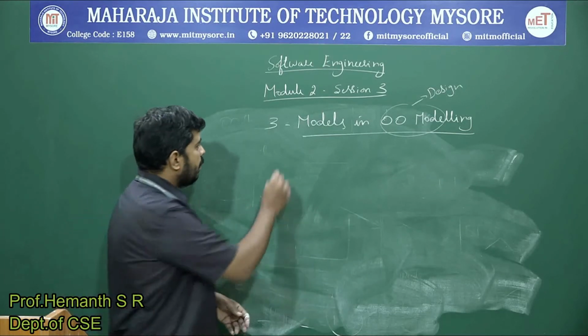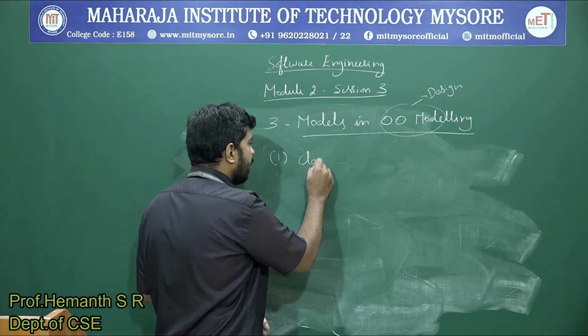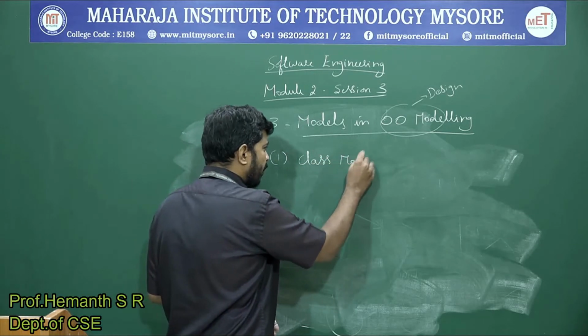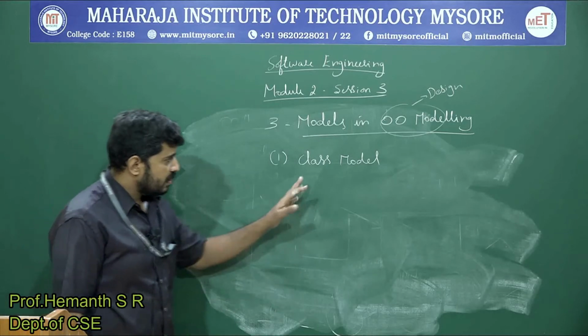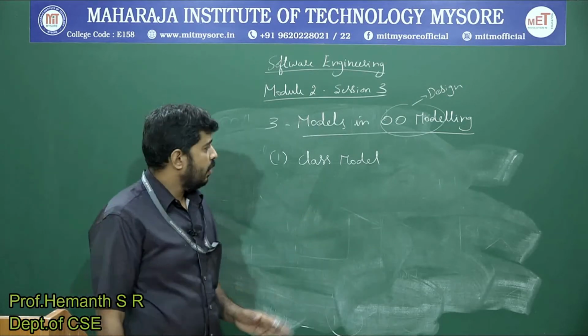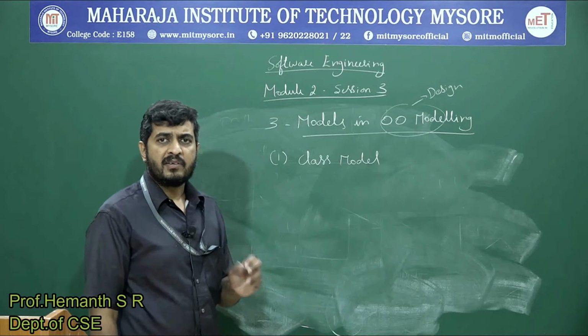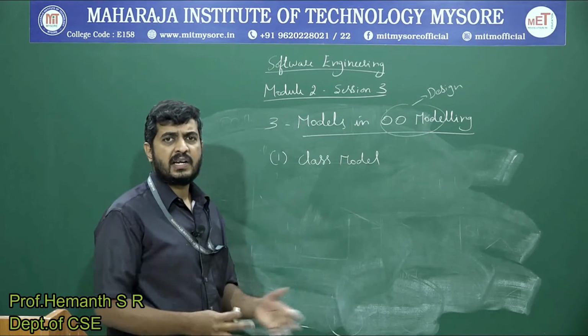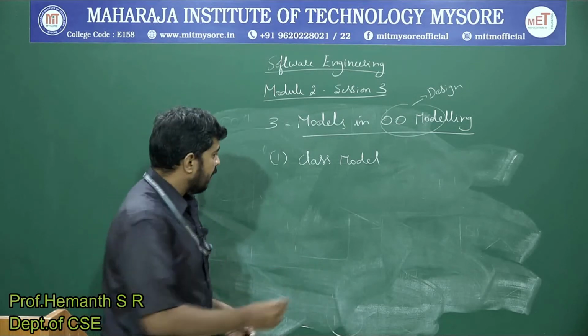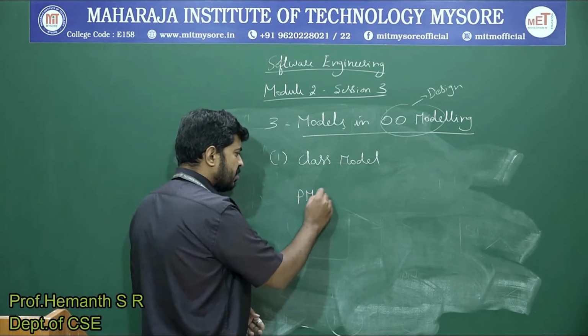are, the first one, the class model. Okay, so what is a class model? This was demonstrated in the previous session. Once you identify the real world entities in the client requirement, we create a class. For example, I had taken the patient monitoring system.